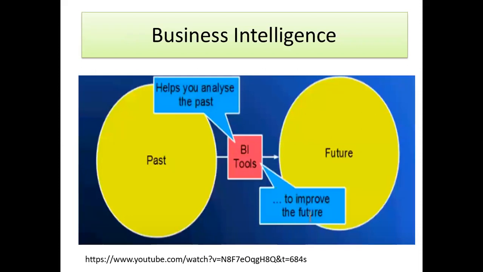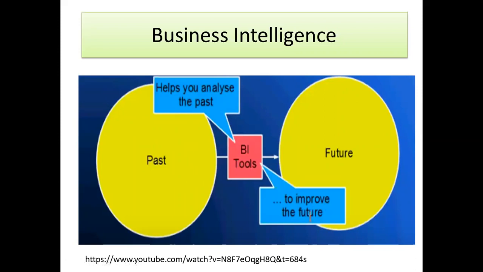Then see the business intelligence, how we are having the business intelligence tool. Based on the past data, we are going to analyze the data through the business intelligence tools. Based on this analyzed data we are going to improve the future perspective.